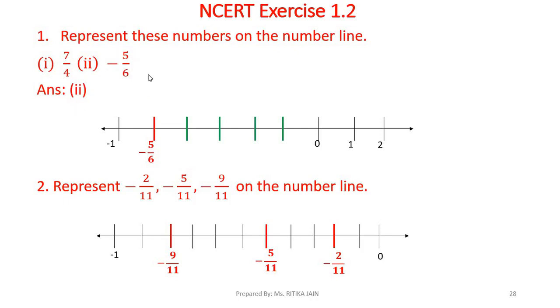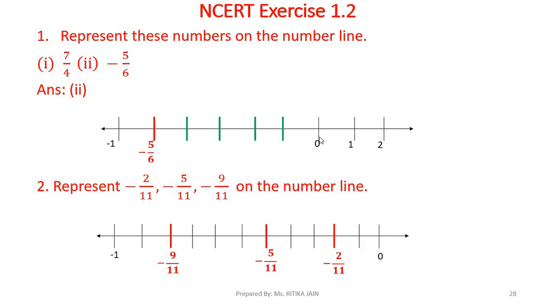The second part is a negative rational number. Again, clearly compare numerator and denominator. You will find the numerator is less than the denominator. So definitely the value will lie in the region between 0 and -1. Clear? Now look at the denominator, the value is 6. So what do we have to do?